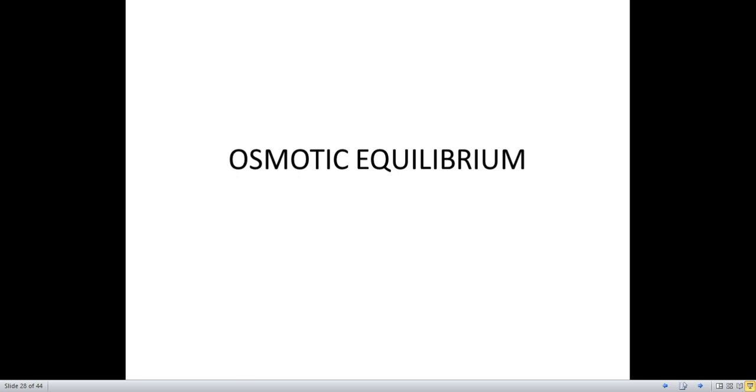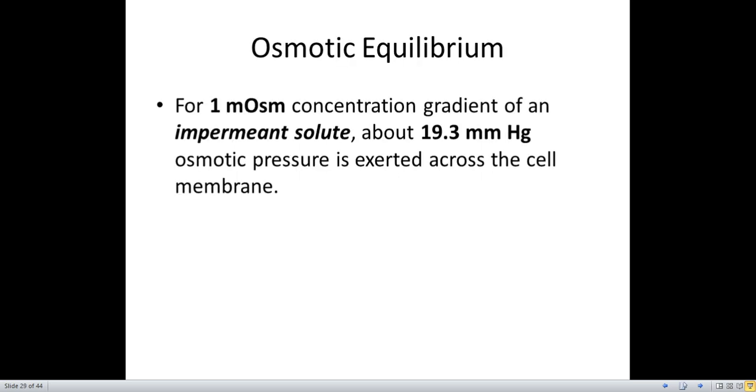Let's study osmotic equilibrium and how it is maintained between intracellular and extracellular fluid. While calculating the osmotic pressure of 0.9% sodium chloride solution, we have seen that large osmotic pressures can develop across cell membranes.